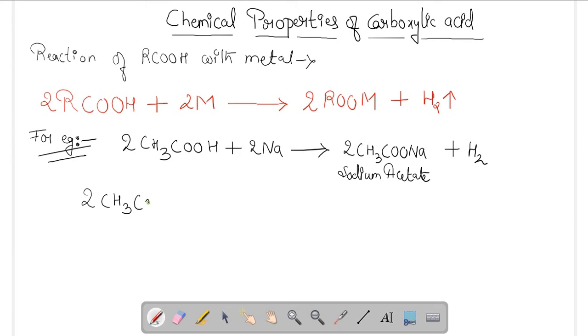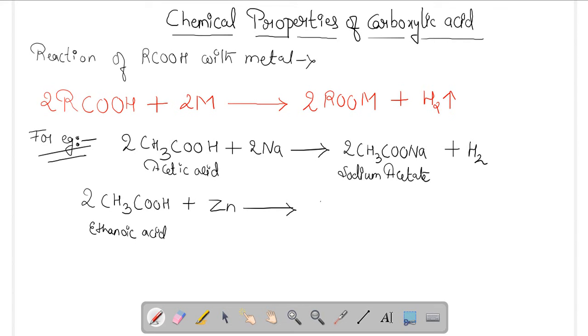Okay. Similarly, if 2 molecules of acetic acid, that is ethanoic acid, okay, it is also called as ethanoic acid. The other name of acetic acid is ethanoic acid. When it is reacting with zinc, so we know that the zinc is having what? Zinc is having the valency of +2.